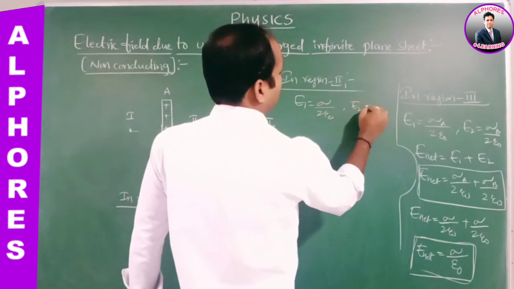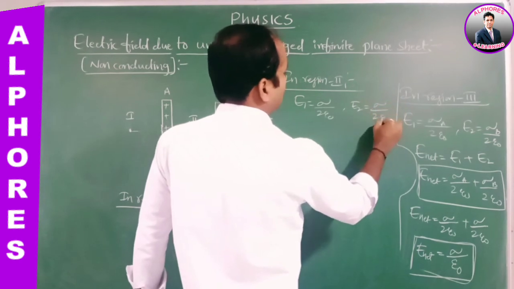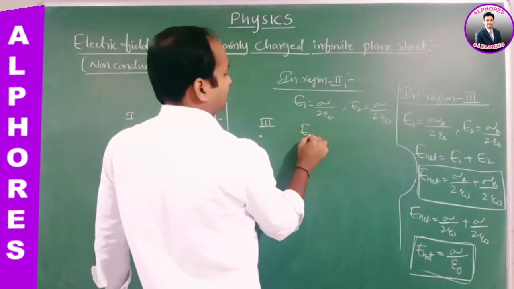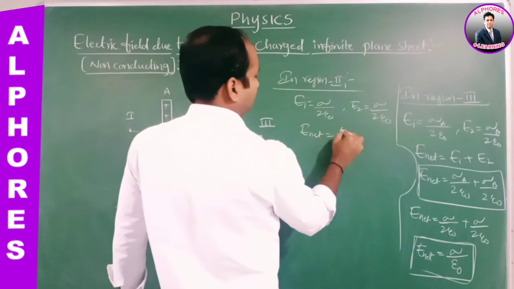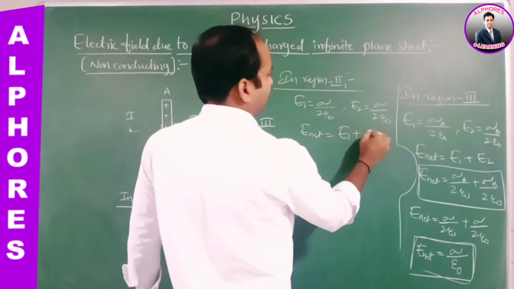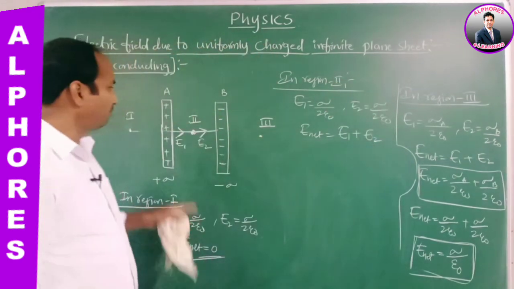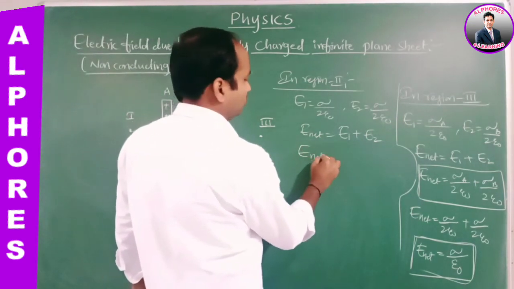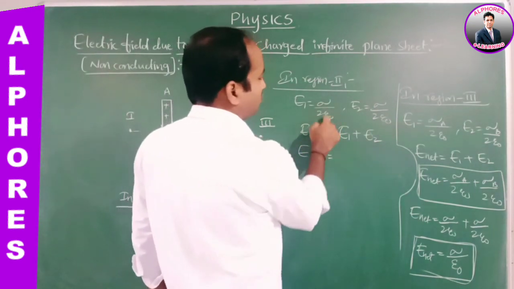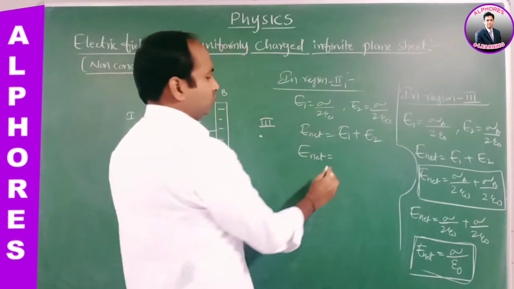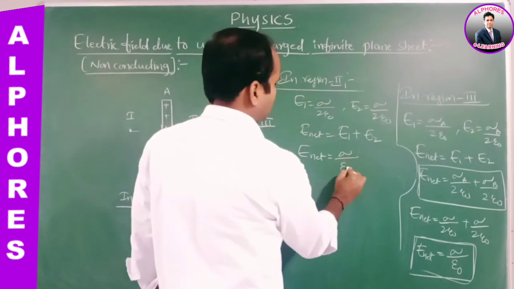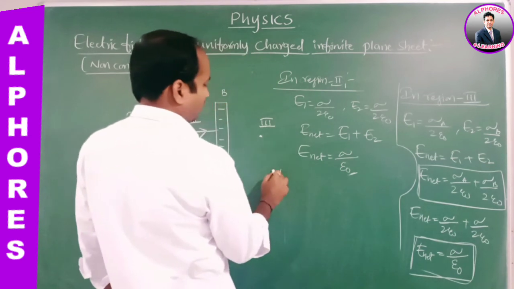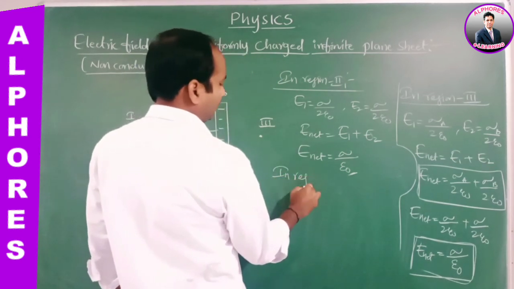E2 is sigma by 2 epsilon naught. Net intensity of electric field, both are in the same direction, E1 plus E2. E net is equal to the sum of these two, sigma by 2 epsilon naught plus sigma by 2 epsilon naught, that is sigma by epsilon naught.